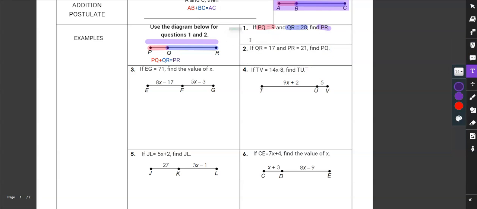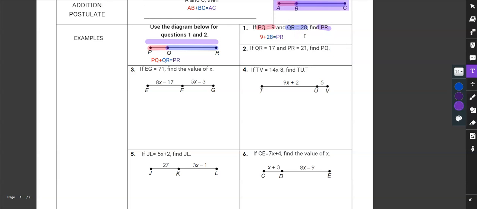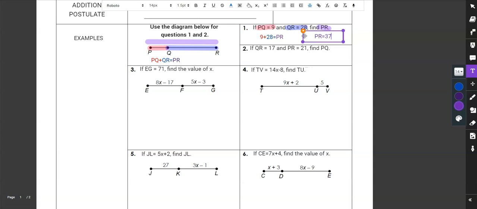So again, if PQ is 9, and QR is 28, then that's going to be equal to our PR. If we add those two numbers together, we will get 37. So PR is equal to 37.